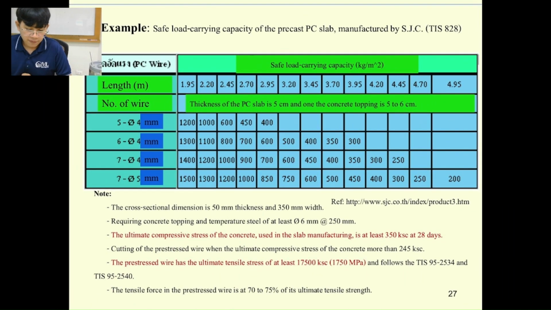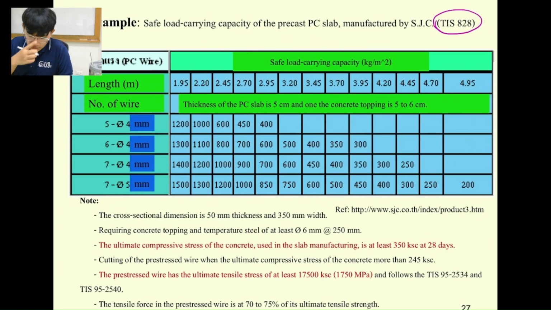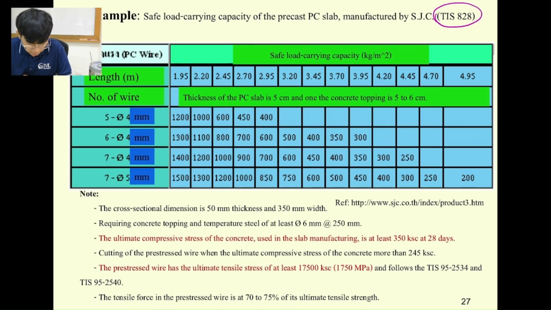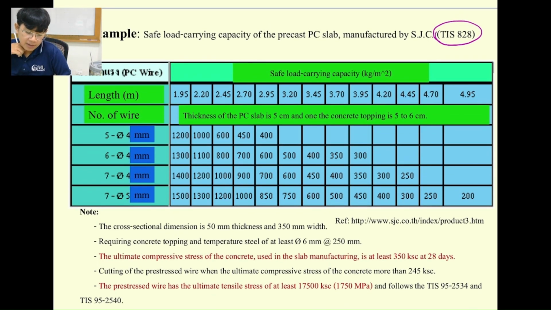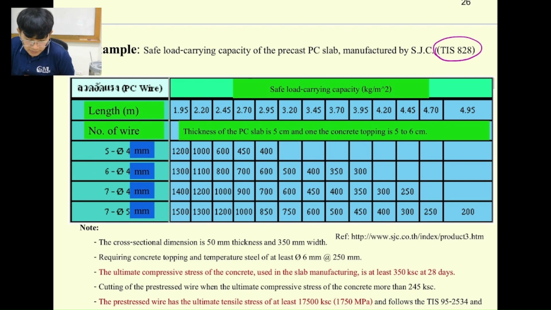Okay, these are from TAS 828 over here. We have the mechanical properties as shown and how to use them for construction. So we have a safe load carrying capacity for the floor load, or we call it SDL, superimposed dead load, and another one is live load, the moving load.